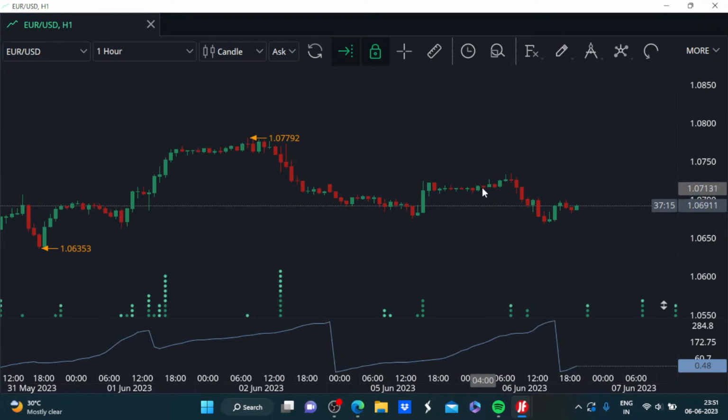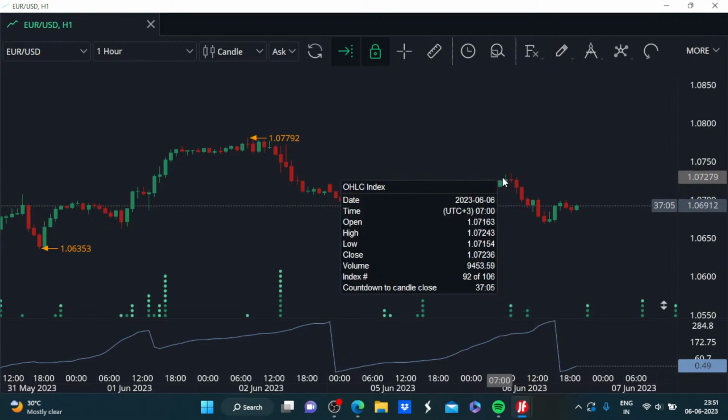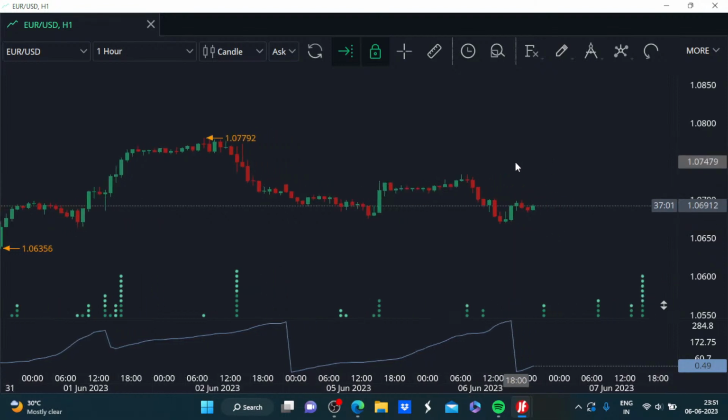And then we saw this sharp move heralding the change of the momentum for Euro USD, and now the momentum seems to have shifted into bearish territory with this new phase beginning for the Euro USD.